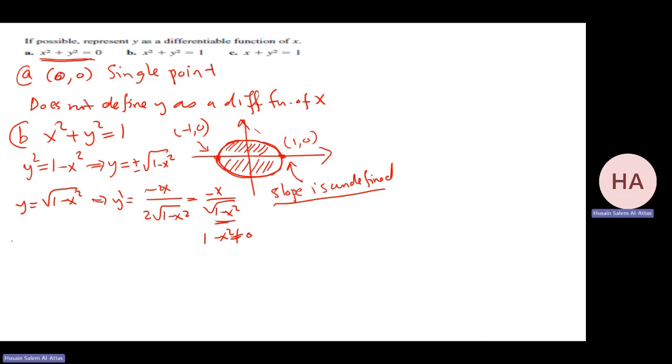So I have two functions, y equal square root 1 minus x squared, where x is between minus 1 and 1. I know there is a problem at the endpoints, where it is square root of 0, because it will make a problem with the derivative. So this is the upper semicircle.